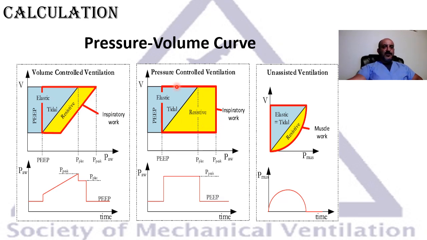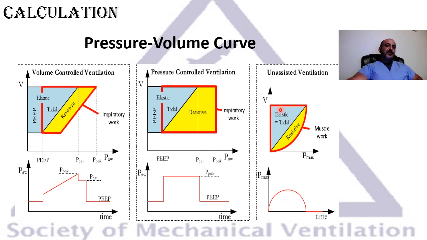The one in the middle is the pressure controlled mode. Again, you can see the difference. Highlighted in blue is the elastic power, again two components: the PEEP, which is the static one, and the tidal one, which is the kinetic one. And highlighted in yellow is the resistive one.